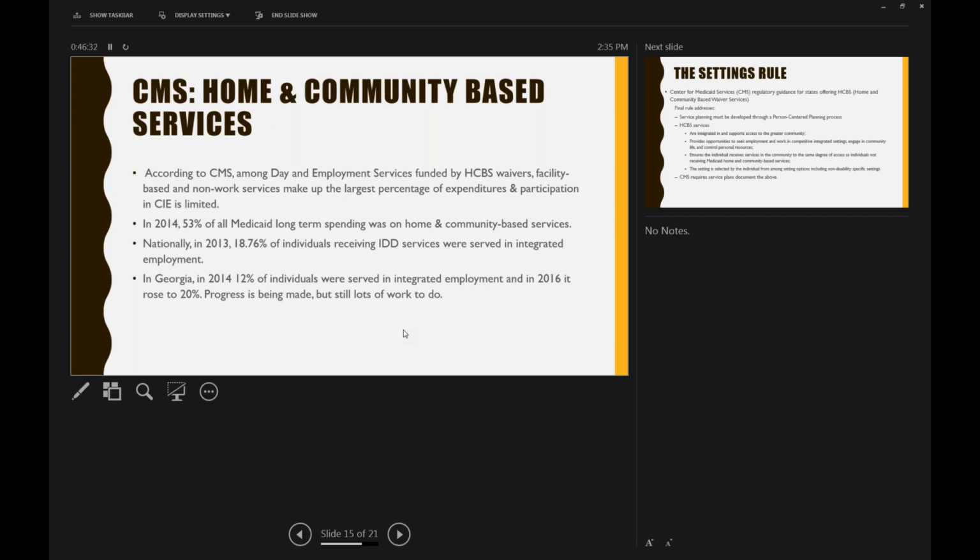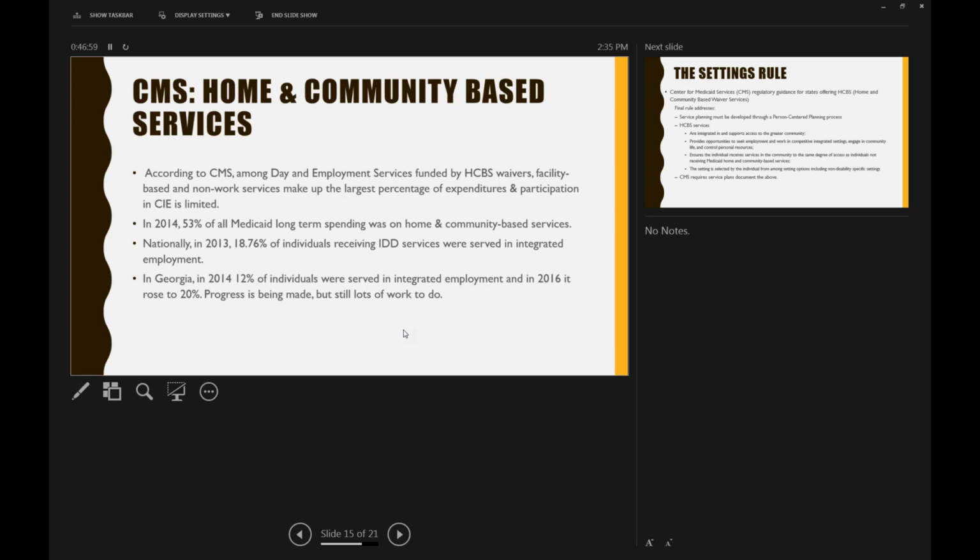So again, keep in mind that in 1992, the VR Rehab Act started talking about informed choice. In 2000, the DD Act talked about informed choice and being in an integrated setting. In 2011, we have ADA and the integration mandate.